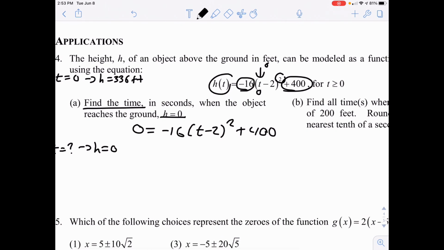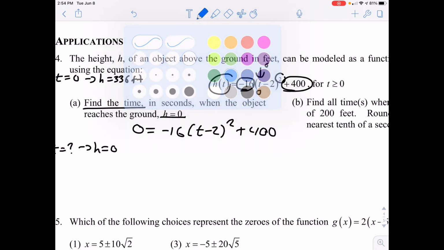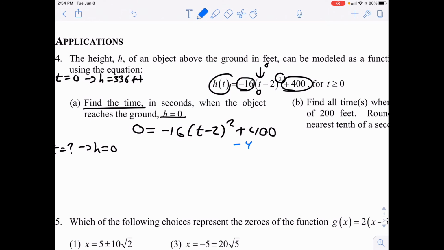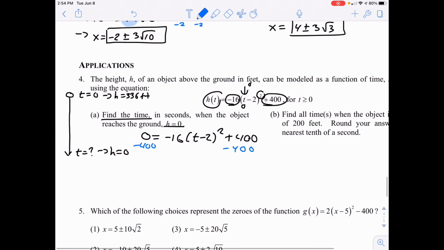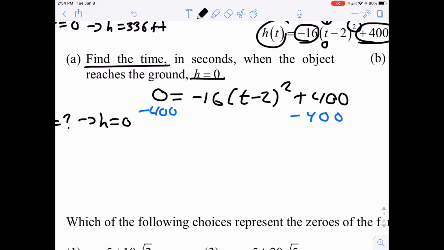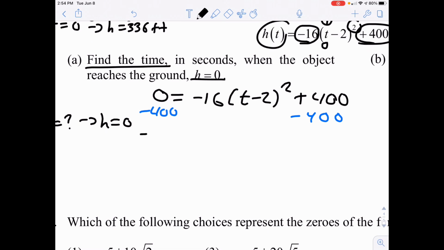And we'll solve for time. First thing I'm going to do is subtract 400 from both sides. And as I do that, I'm going to reverse the order of this equation because I prefer to have my variables on the left-hand side. So we have negative 16 times t minus 2 quantity squared is equal to negative 400.